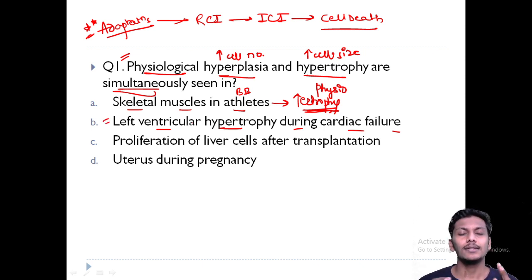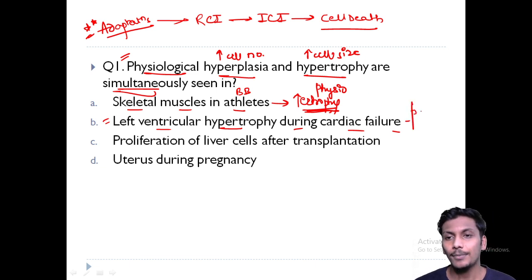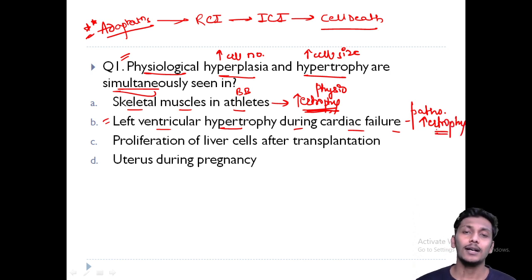The myocardium cell size increases, and this is known as left ventricular hypertrophy. This is an example of pathological hypertrophy, because it is occurring in a pathologic condition like cardiac failure. Here also the myocardium is a stable tissue, therefore it cannot proliferate, so hyperplasia cannot be seen in this condition, only pathological hypertrophy.